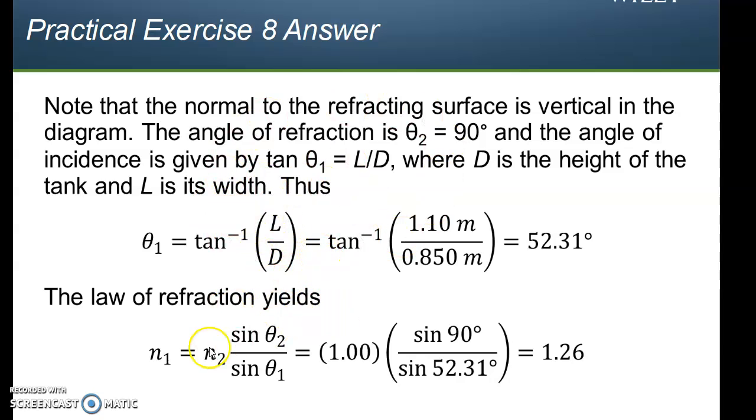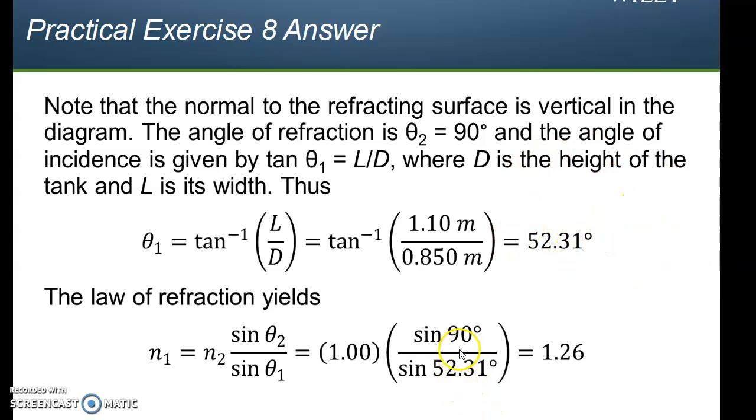So the law of refraction is the refractive index of the first medium times sine theta 1 equals the refractive index of the second medium times sine theta 2, and where we have this theta 1, because it's just equal to this right here, must be equal to that. And this right here is just from the geometric relationships. That's how you solve to get this one first.